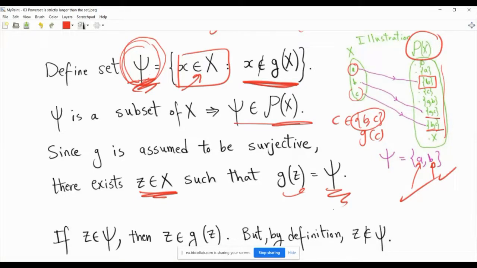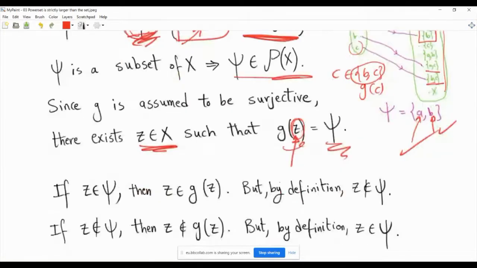So under our assumption that G is bijective, and so both injective and surjective, there is some element in the domain that is mapped to psi. So let's say that this element is z. Now, the question is, is z in psi?